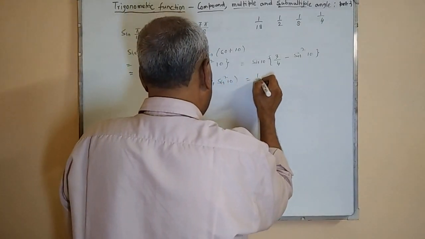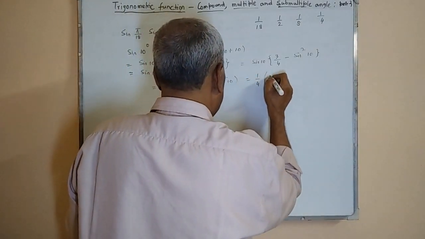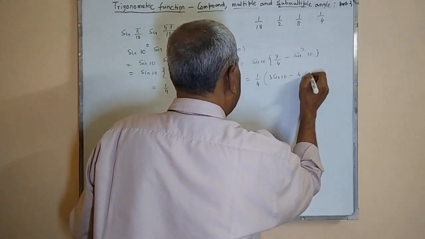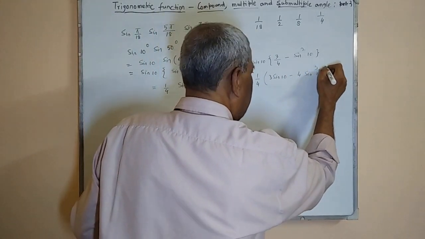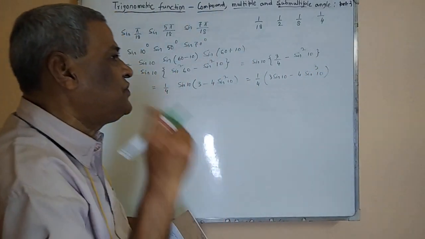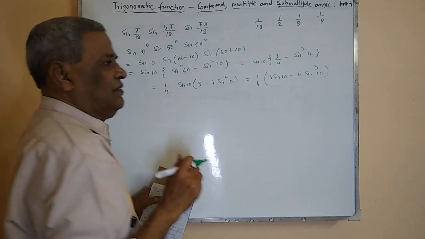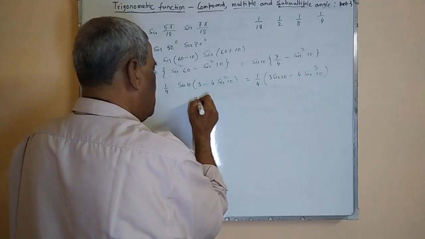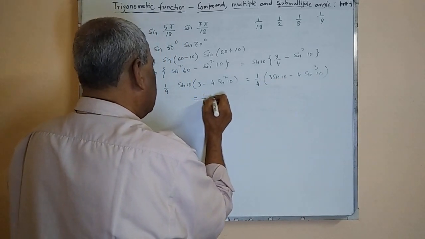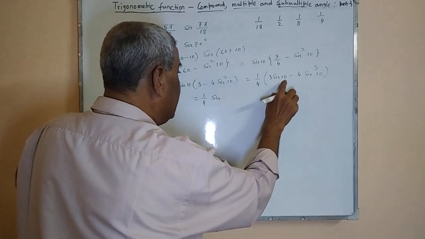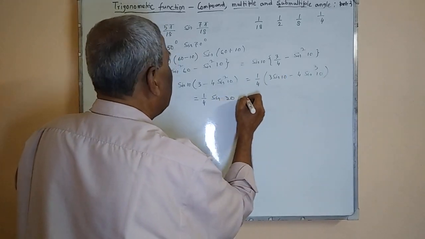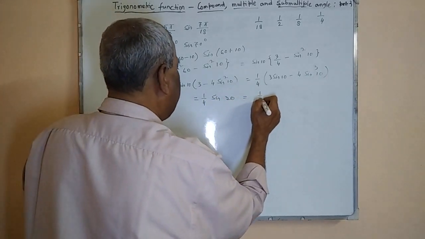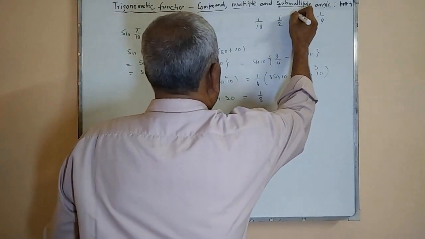So this is equal to 1 by 4 into 3 sine 10 minus 4 sine cube 10. It's the formula of sine 3 theta. Here theta is 10. 3 sine theta minus 4 sine cube theta. So it is equal to 1 by 4 sine 3 theta, that means 30 degree. So that is equal to 1 by 2. So the answer is 1 by 8. So that option is correct.